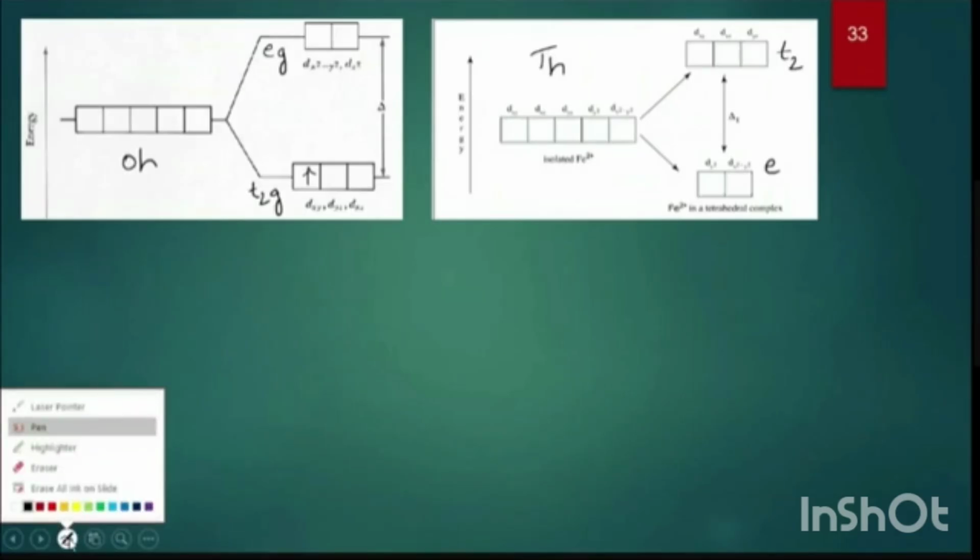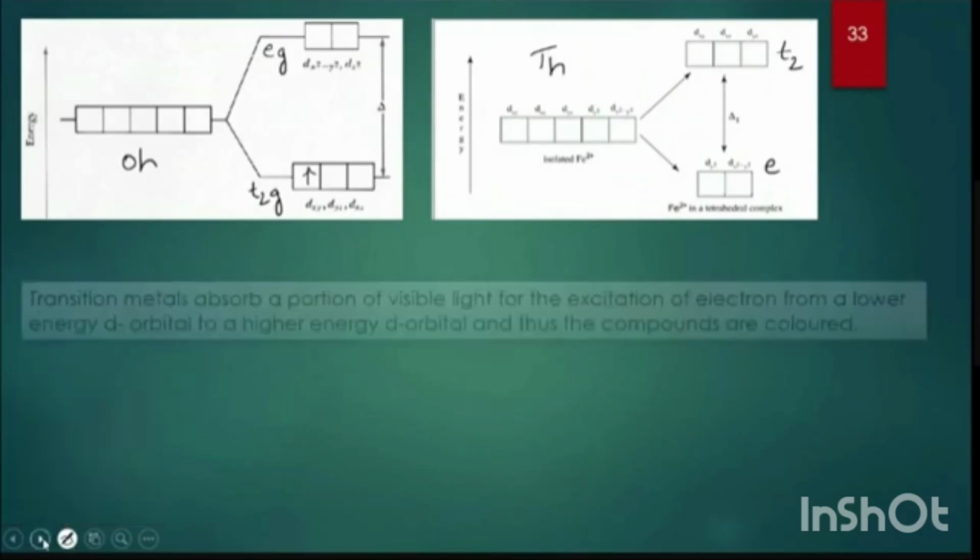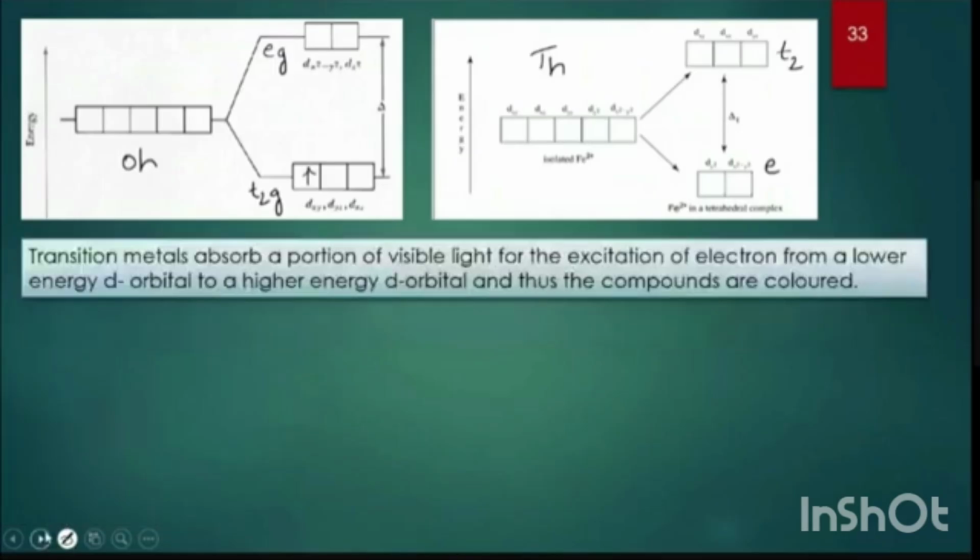It happens only when there is an unpaired electron. Transition metals generally absorb a portion of visible light for the excitation of an electron from a lower energy d orbital to a higher energy d orbital, and thus the compounds are colored.